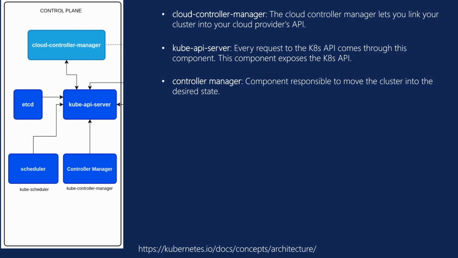It does this by running something called the control loop, or reconciliation loop, or controller loop. Many names, but normally you would see it either as controller loop or reconciliation loop. And this reconciliation loop is the thing I just described.